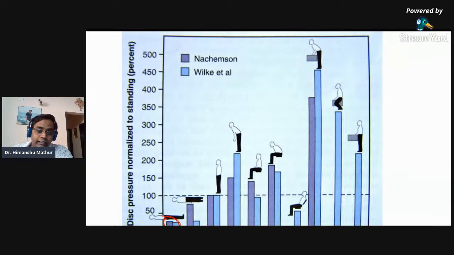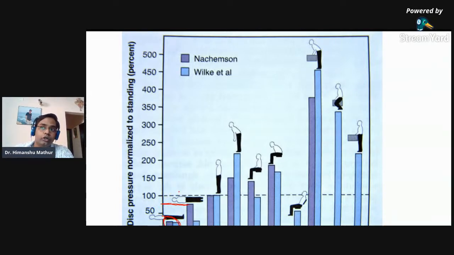Whenever you are side lying, it increases; although it is less than 100% of the original body weight, it is more than 50%, somewhere around 75% of the total body weight, right? So always remember that the least intradiscal pressure is in supine lying. The supine lying position is quite safe for people with a herniated disc.